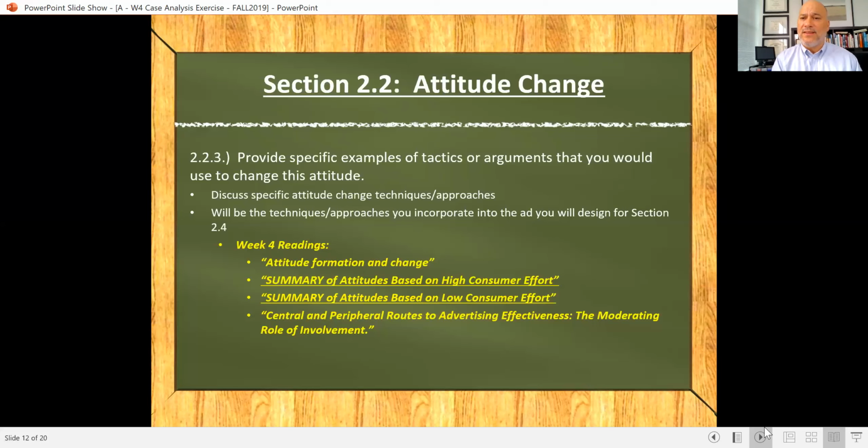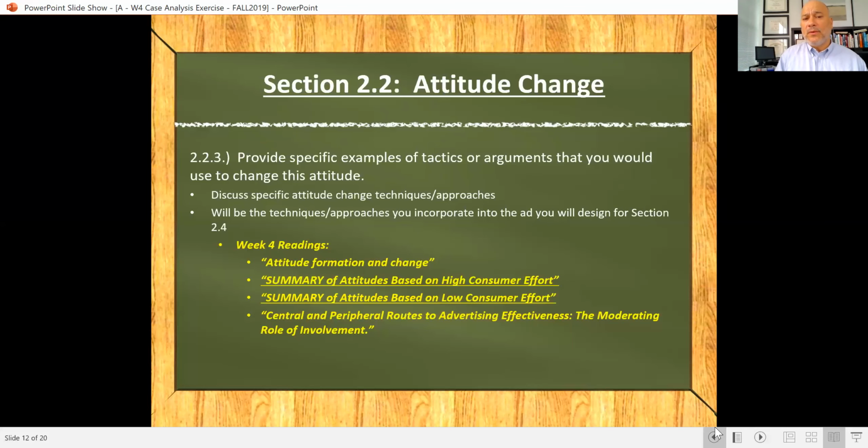And so I think you're going to find some really wonderful specific points to include there. Also, there was a great reading on central and peripheral routes to advertising effectiveness and the moderating role of involvement. Also good in terms of your approach. So I want to encourage you to bring those readings into your response.